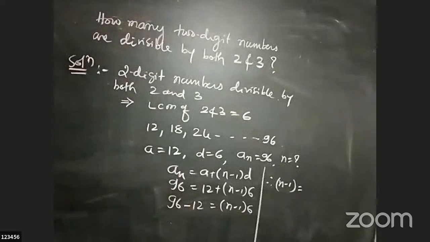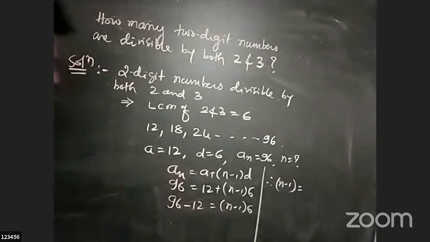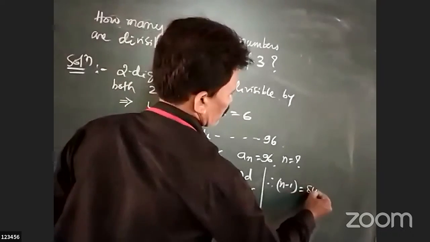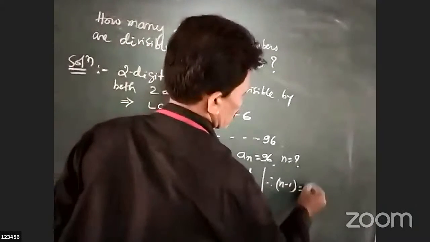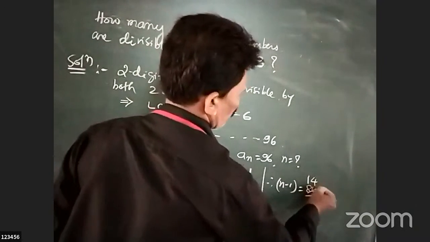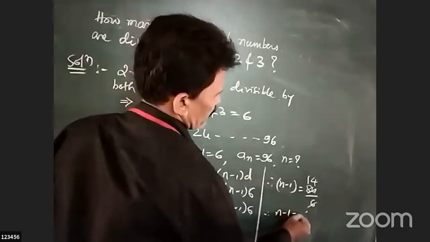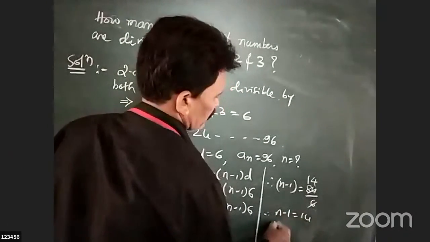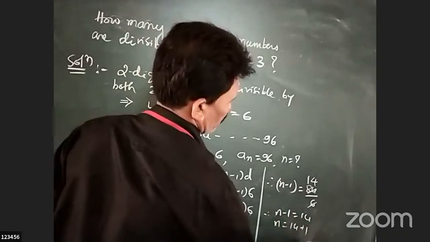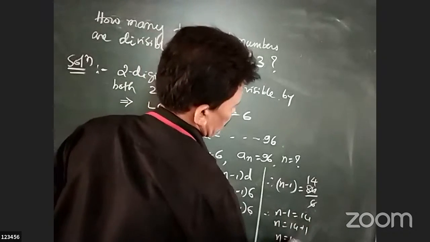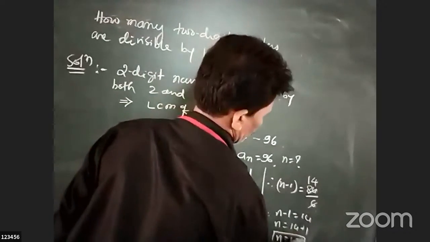Therefore N minus 1 is equal to 84 divided by 6, which is 14. N is equal to 14 plus 1. N is equal to 15.